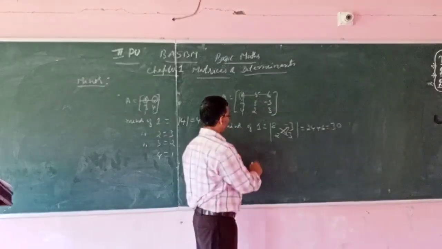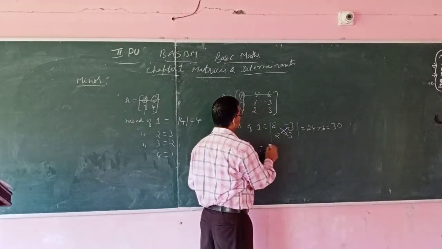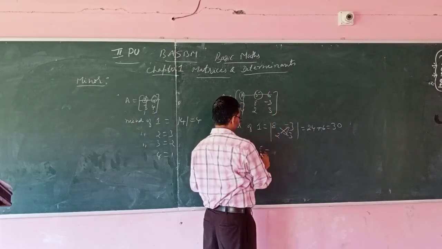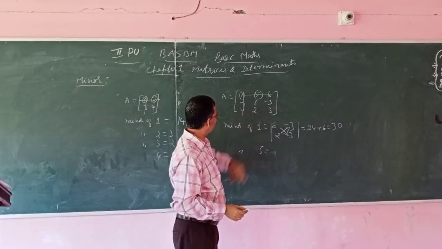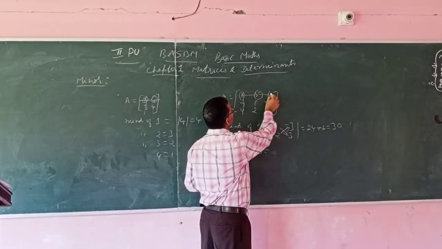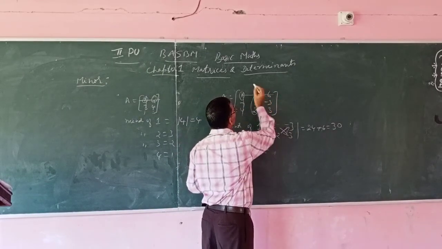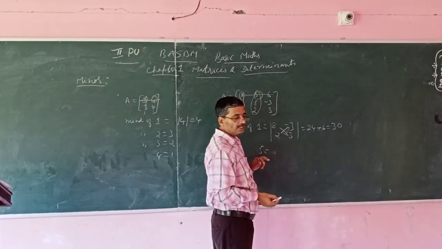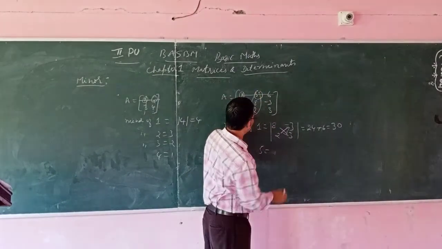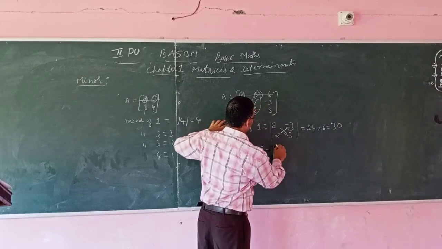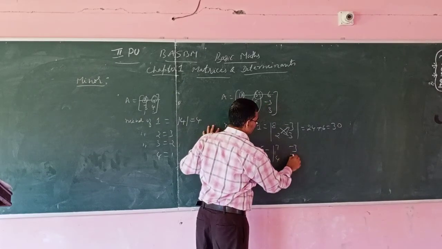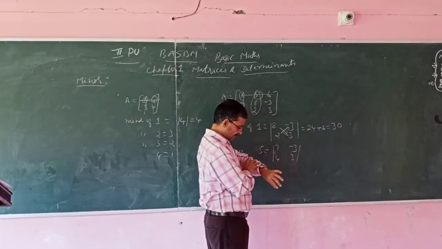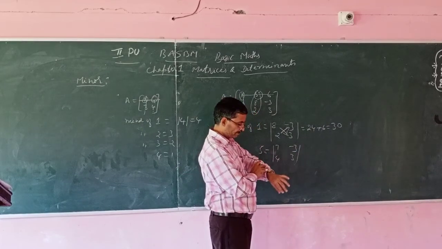Again what is minor of 5? If you take minor of 5, don't consider this row as well as this column. So what is remaining? Remaining is determinant of 7, minus 3, 4 and 3.